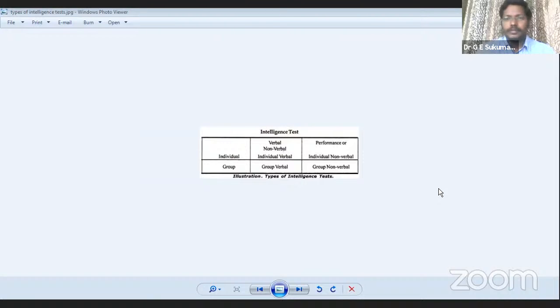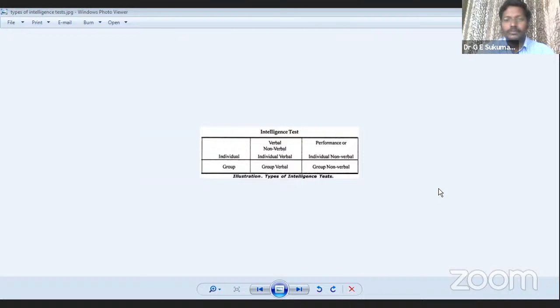When more people are tested without any external disturbance or without affecting the test scores, such administration is called a group test. Army Alpha test, for example, is a test which can be conducted at a time for a large number of individuals.